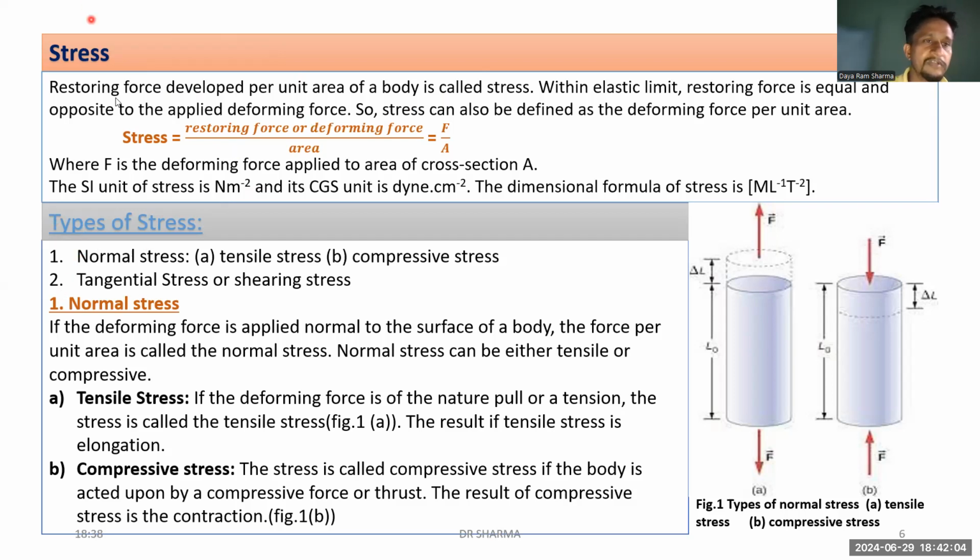Now, types of stress: normal stress and tangential or shearing stress. If the applied force is perpendicular to the surface, the ratio of force to area is called the normal stress.